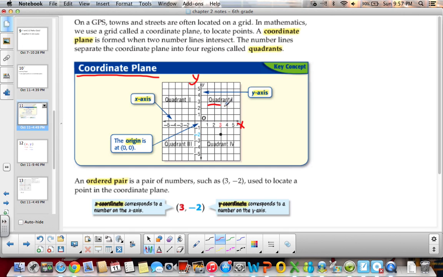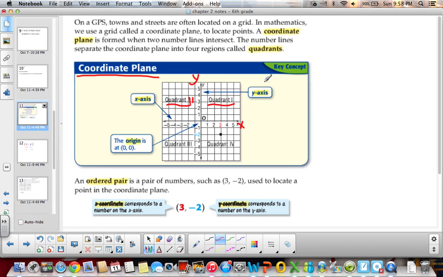So this is quadrant 1, this is quadrant 2, and we would write it like that. Quadrant 3 is right here, and then quadrant 4. So see how it's broken up into 4 different boxes, kind of.